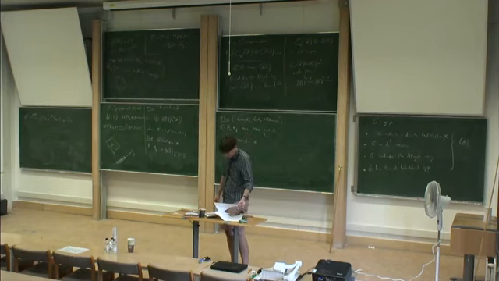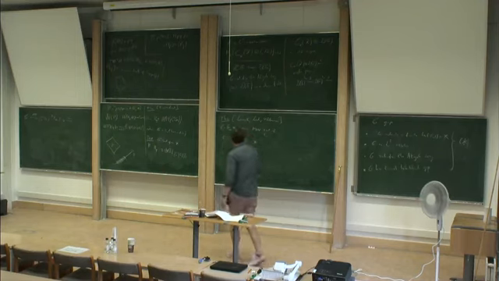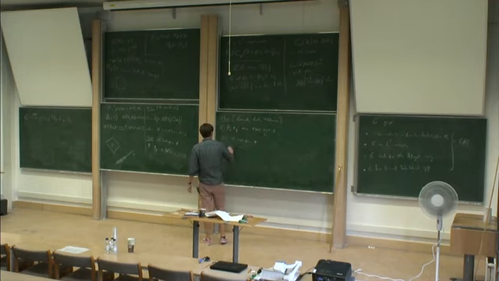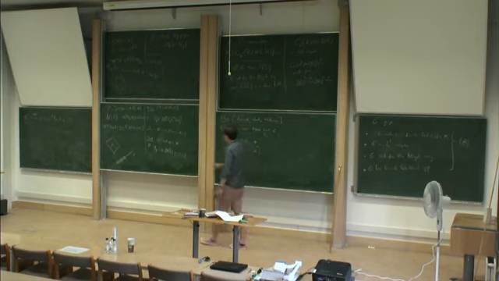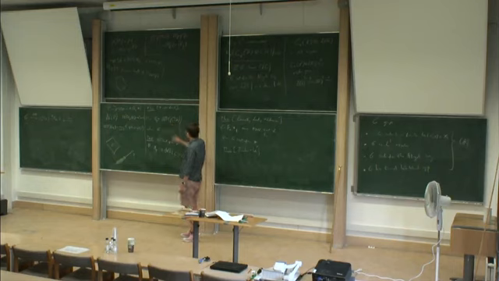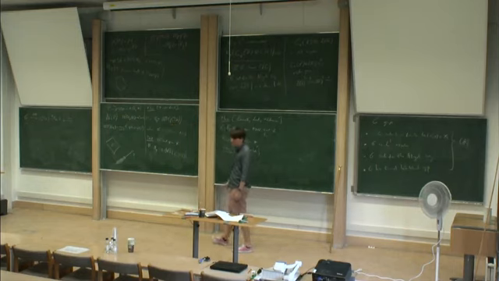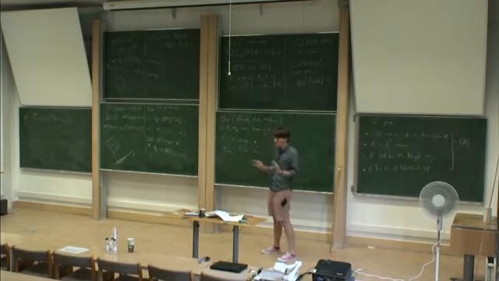So here's the first theorem I wanted to present. This is due to Florian Funke and myself. As we discussed, this is a function from first cohomology to the real numbers. That's all that we know a priori.